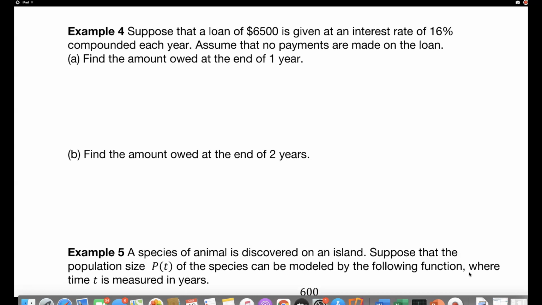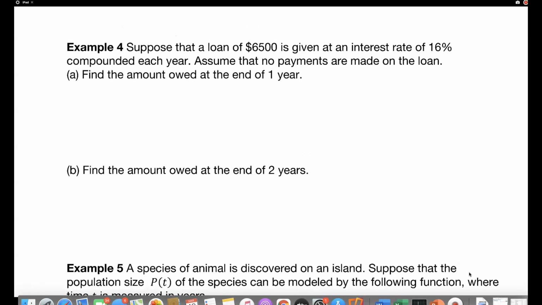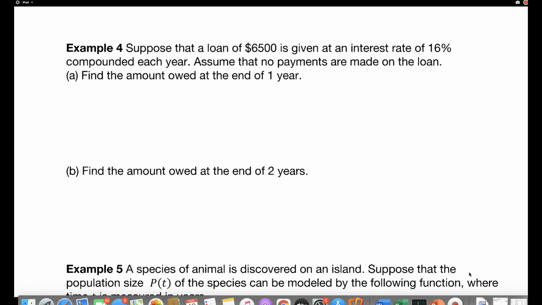So let's find the amount owed at the end of 1 year. Because I'm doing 2 different problems, I think I'm going to go ahead and write the function. I'll just use A of t. The amount of money that I owe to this bank is going to be the initial amount, 6,500 times 1.